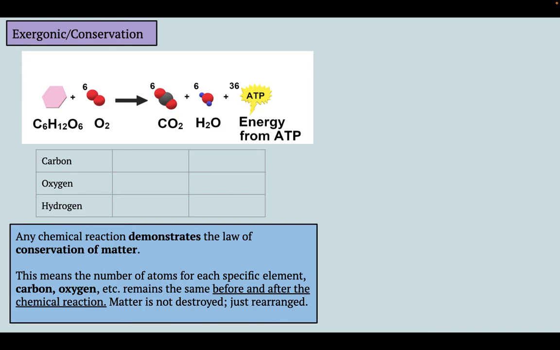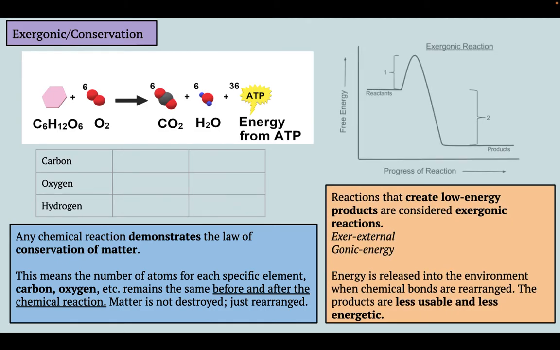So we are rearranging our chemical bonds, and we're not losing anything. And because of that, what we're losing or changing is energy, or the ability to do work. So the reactions that are being created are producing low energy products, which means that we have an exergonic reaction.